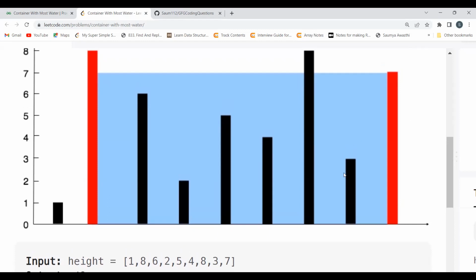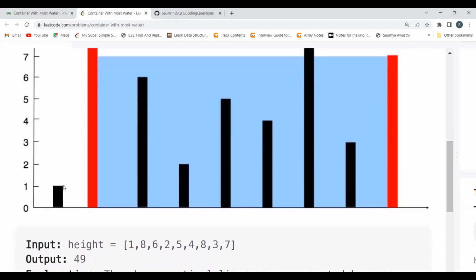Now let's say I'm decreasing the value of right pointer. Again this height is not going to be the height, the previous height we took, 1, right? Now if I'm decreasing the right pointer, it is pointing to 3. So 1 and 3, which one is smaller? Obviously 1 is smaller.